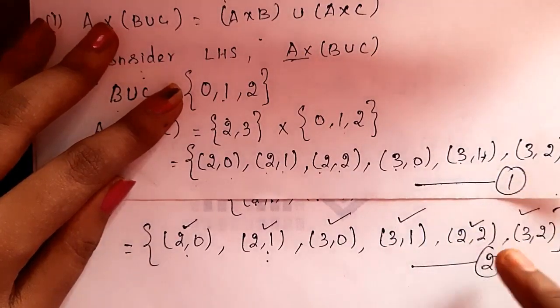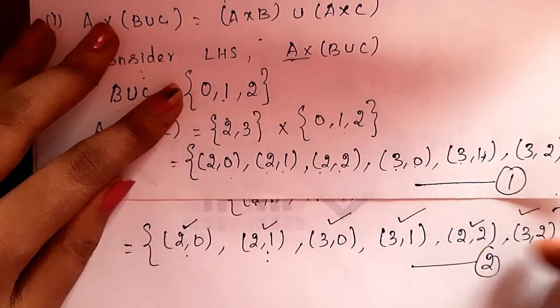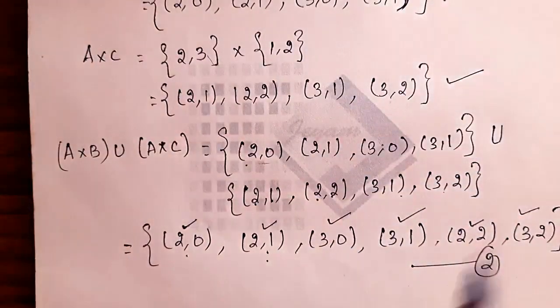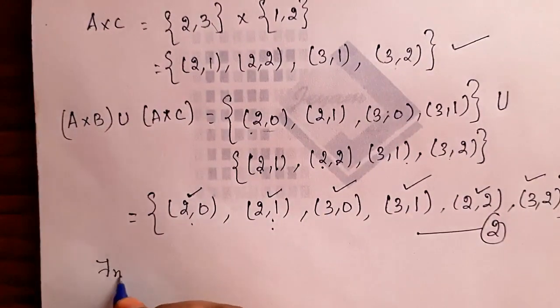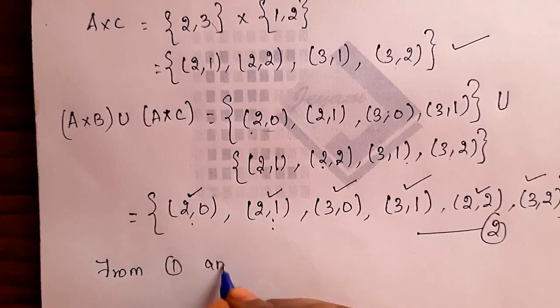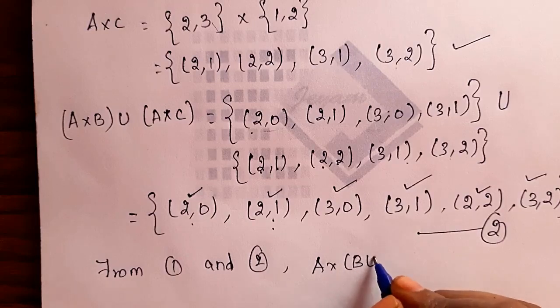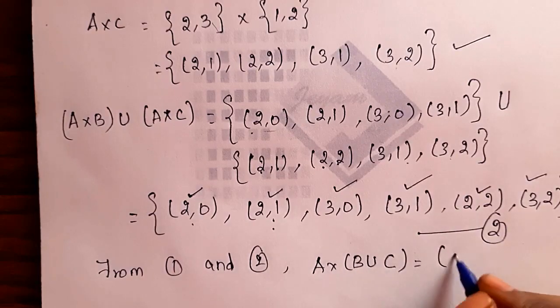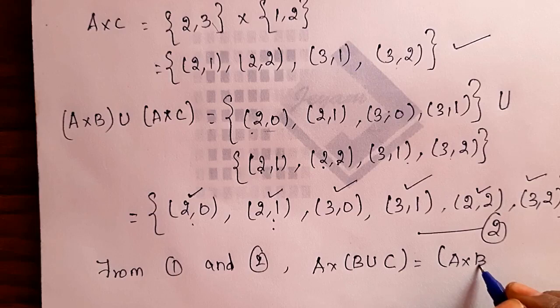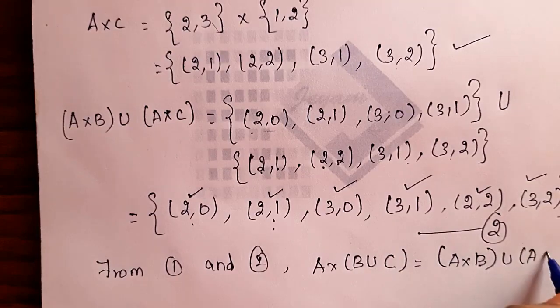So when we compare 1 and 2, we can conclude that A cross (B union C) is equal to (A cross B) union (A cross C). This we verified.